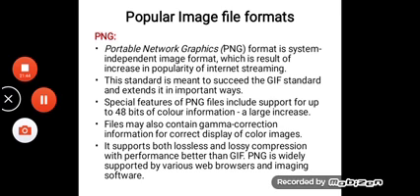Then it also comes with files with gamma correction information. Now this is very important. Earlier, in the GIF format which we were talking about, as the system changes depending upon the environment, the image does not change itself, or the gamma correction does not take place.